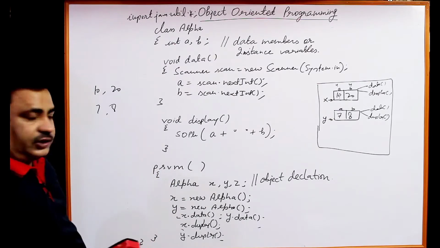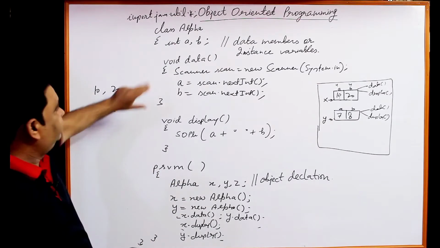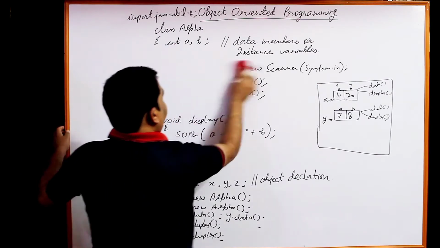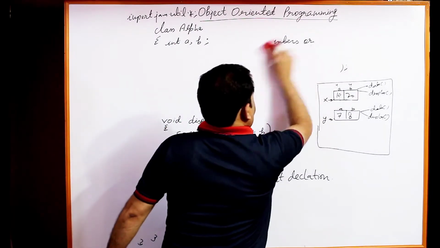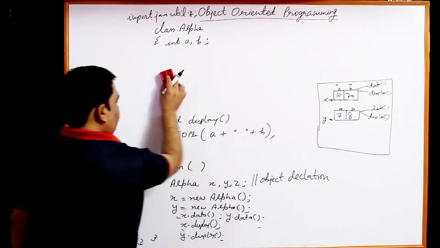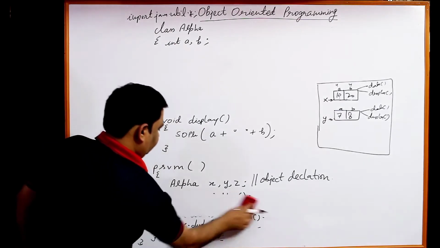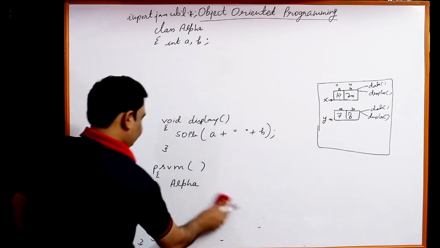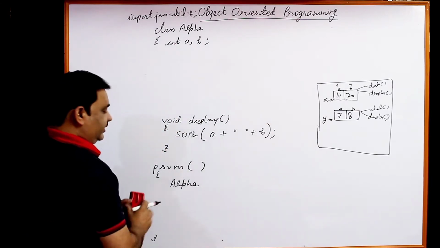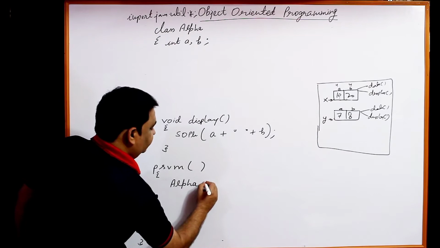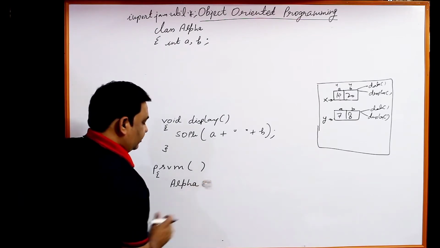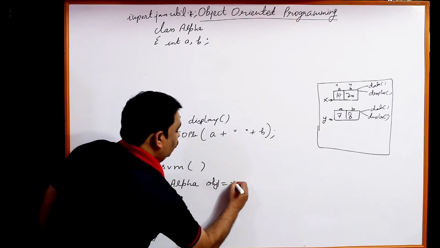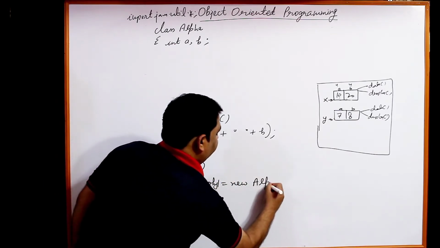Okay, now let us continue with the same program. You can also write the statement alpha x or any name obj. Suppose I am writing the name of the object obj1 equal to new alpha.